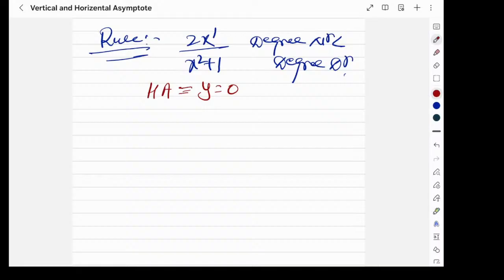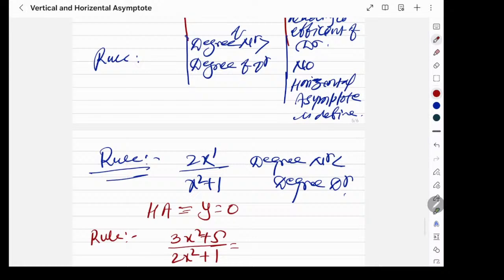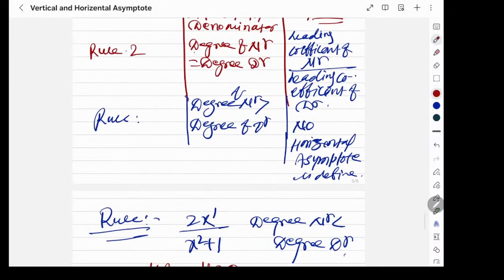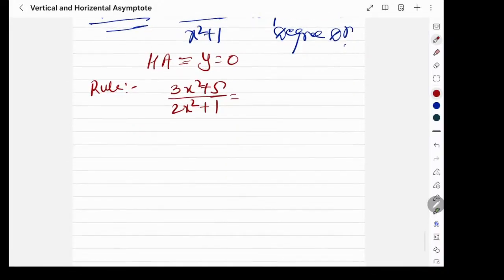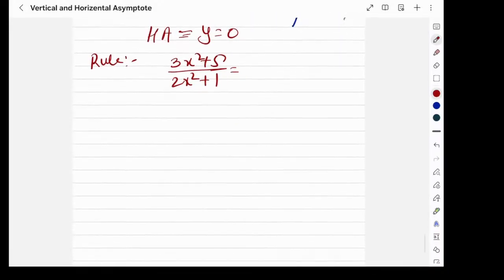According to rule 2, for example, if I say (3x square plus 5) over (2x square plus 1), the degree of the numerator is equal to the degree of the denominator, so you find the ratio of the leading coefficients.